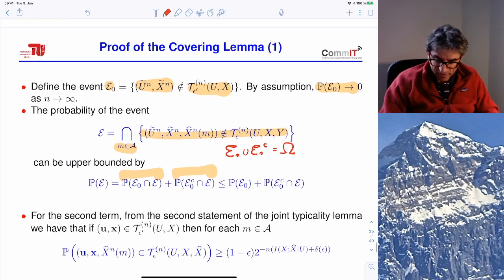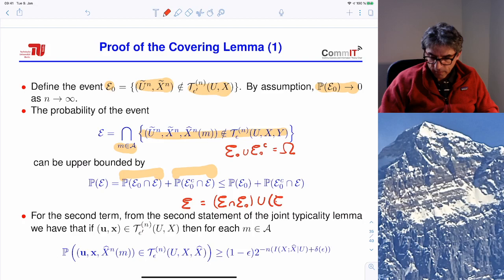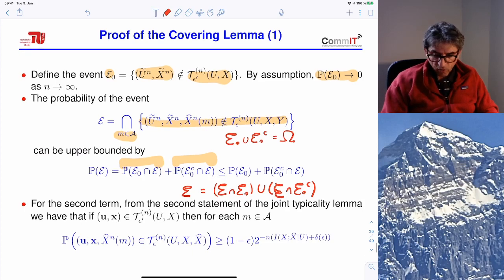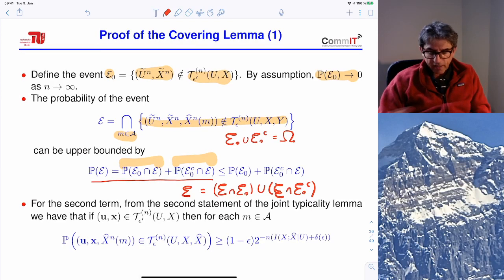So every event E can be written as E intersect E0 union E intersect E0 complement, and these two are disjoint, and therefore the probability of the union is the sum of the probabilities. So we end up with this type of expression, where you can always break an event into the intersection with respect to another event and its complement.